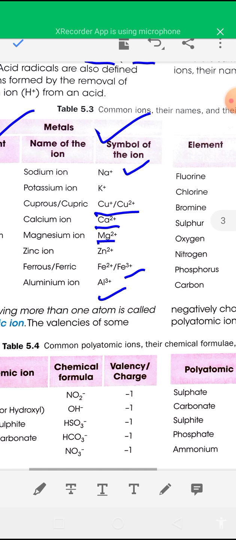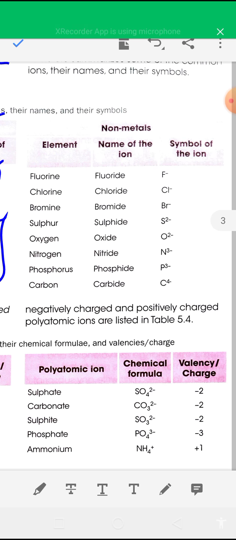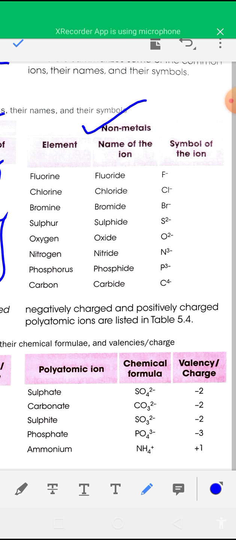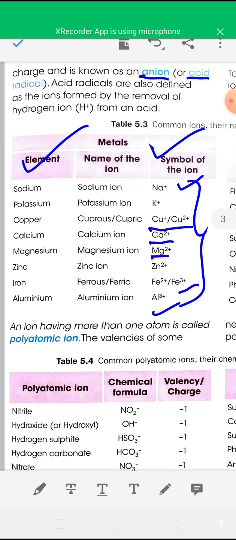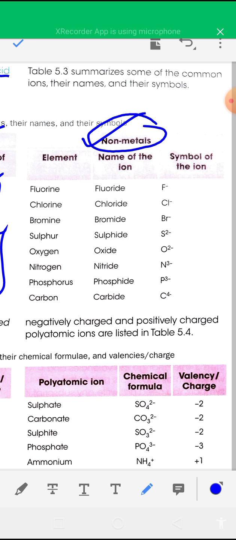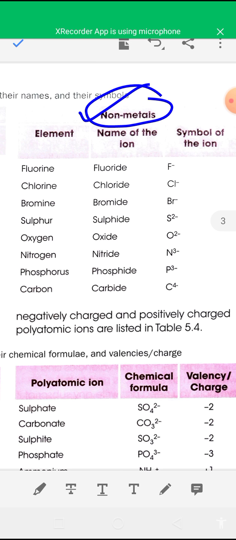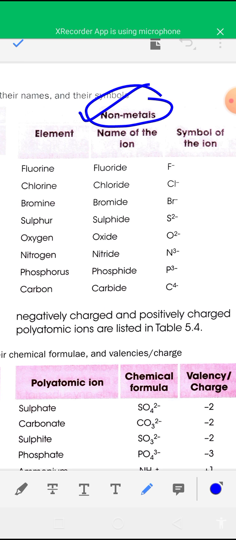These are positively charged ions or cations, and now some negatively charged ions. These are non-metals. Generally non-metals form negatively charged ions and metals form positively charged ions. Metals form cations by losing electrons and non-metals form anions by gaining electrons. Some examples of negatively charged ions, that is anions: fluorine after gaining one electron forms fluoride ion.